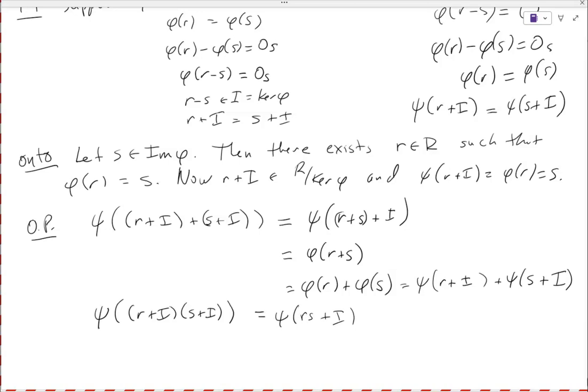Too many Greek letters flying around. And then what is psi of RS plus I equal to? Yep, good, phi of RS. And then again, phi is a homomorphism, so we can rewrite that as, good.